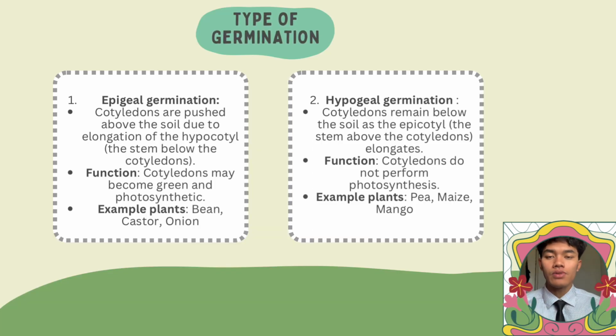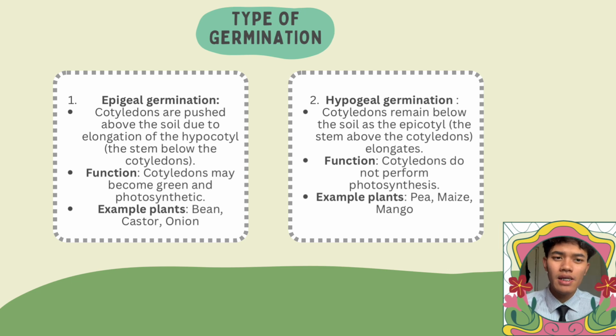Okay, the next one, we have types of germination. We have 2 types. The first type is epigeal germination, and the second type is hypogeal germination. For epigeal germination, cotyledons are pushed above the soil due to elongation of the hypocotyl, the stem below the cotyledon.